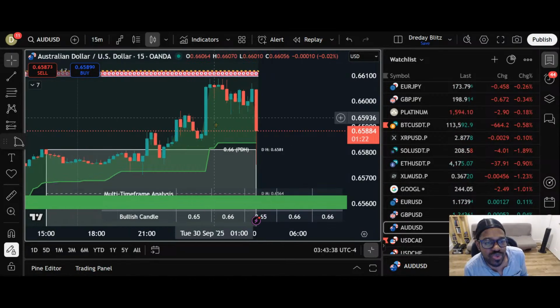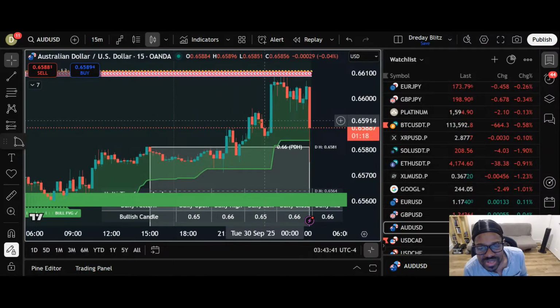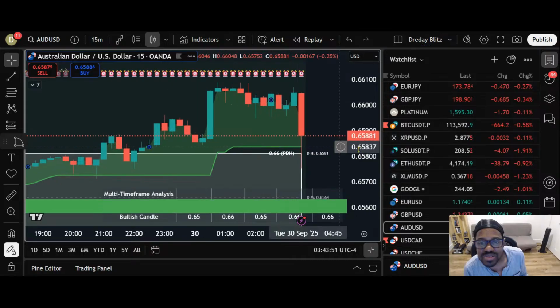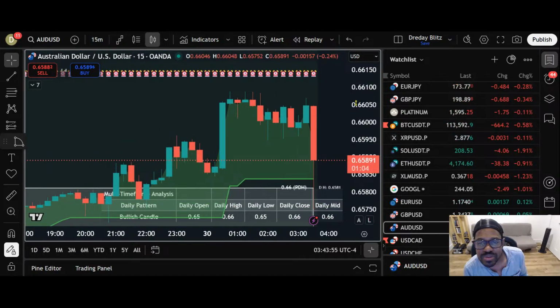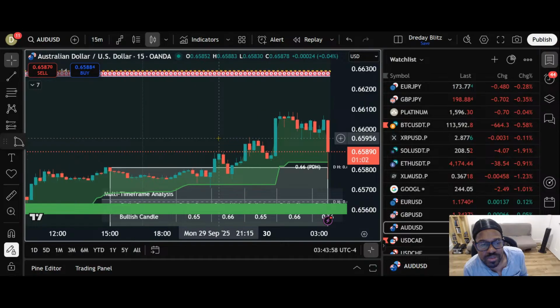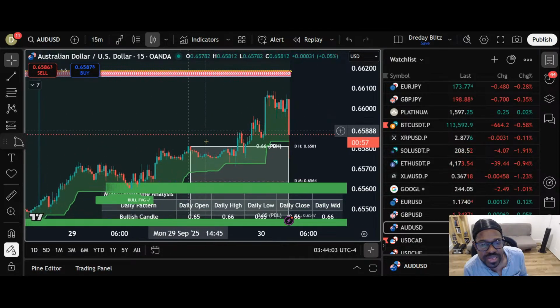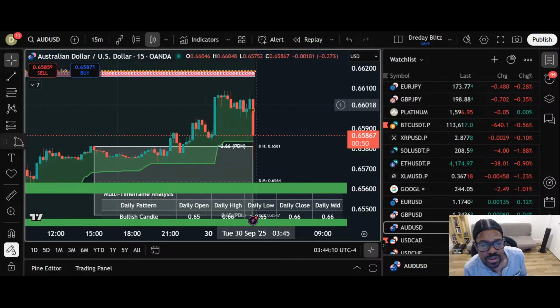All right. So 12:30 is right about here. You could clearly see that price went higher. And another indication that you would be going for a buy is that price is way above the Nova trend, right?